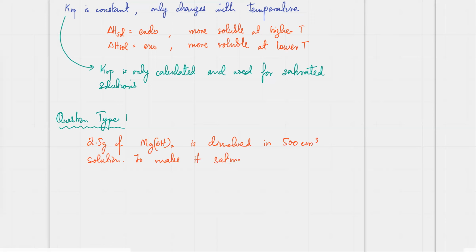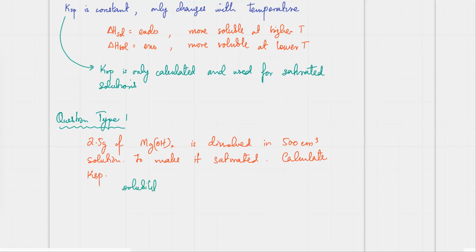So after dissolving 2.5 grams, no further Mg(OH)2 dissolves. You're supposed to calculate Ksp for this. Now, the first thing is you're going to figure out the solubility.